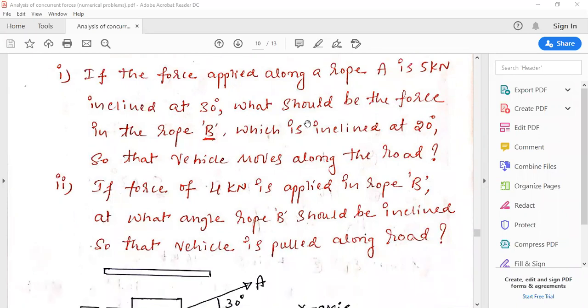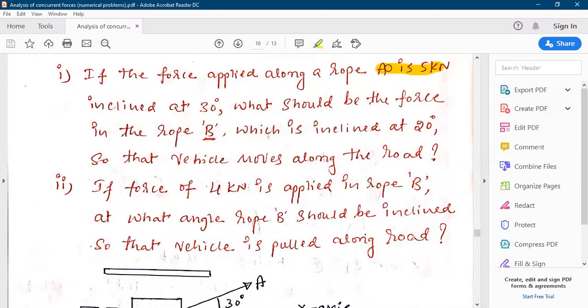If the force applied along rope A is 5 kilonewton. There are two ropes attached to pull a truck.